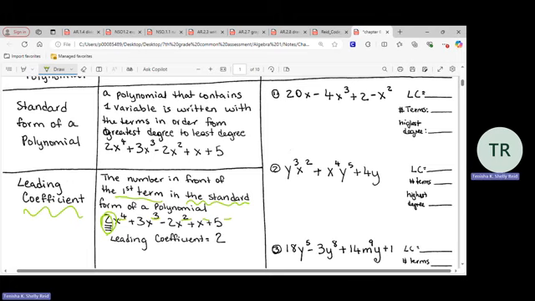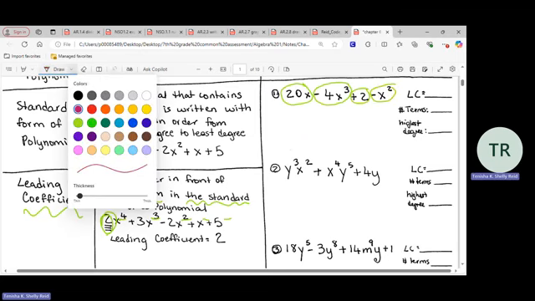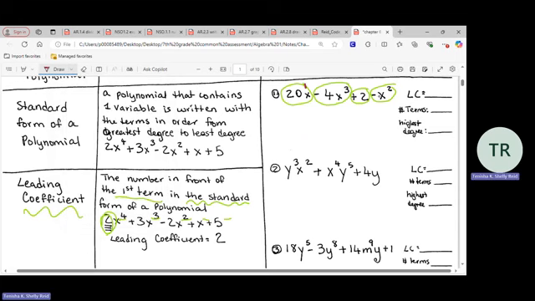So let's look at number 1. Is this in order? We have 1 term, 2 terms, 3 terms, and 4 terms. Let's look at the degree of each term. The degree of the first term is 1. The degree of the second term is 3. The degree of this term is 0. And the degree of this last term is 2. They are not in order, so we have to write it in order for it to be in standard form.